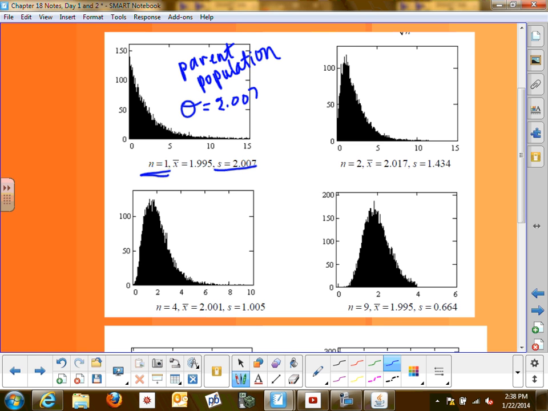All right, now let's look over here. This second picture is samples of size 2. So they randomly took 2 pieces of data, they averaged them, and they dropped them down. So this is a sampling distribution of samples of size 2. So it's getting a little further away from being so skewed.